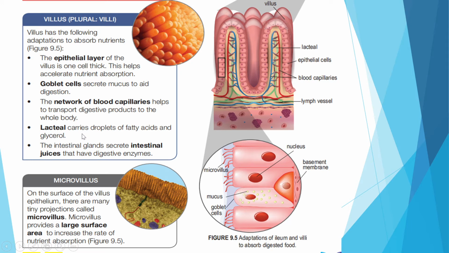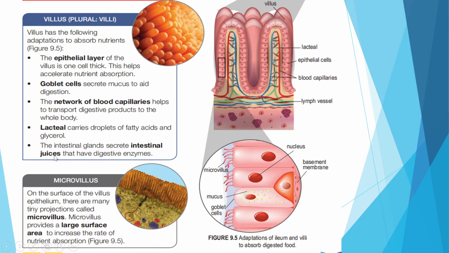Also, we have the lacteal, so this might be new for you, or rather, it is a revision for you. Have you heard of this when you were in Form 3? The lacteal is the green one over here, in the middle, that is responsible for carrying the droplets of fatty acids and glycerols. Also, you have the intestinal glands that secrete the intestinal juices, which we have seen previously. How many juices are there? 5, right?